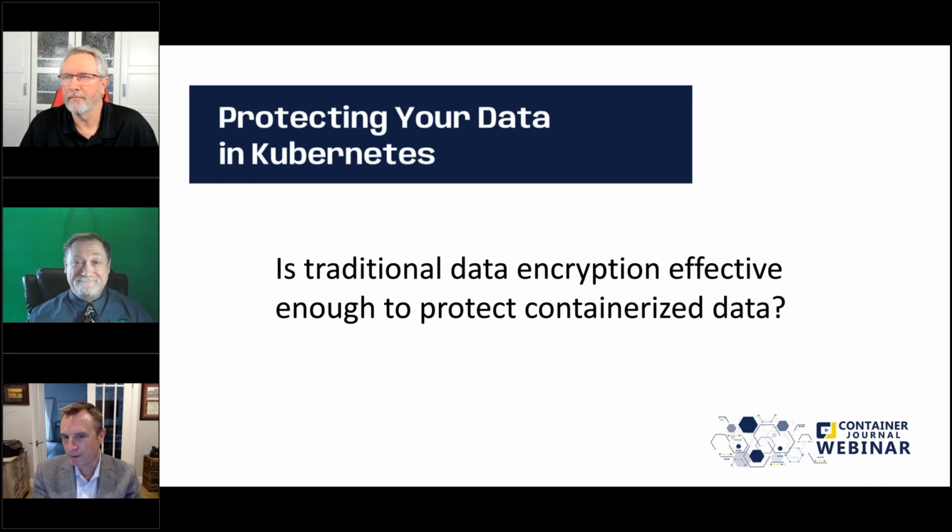I have to jump on that because that's important. Container Journal had an article today about how working from home and the number of users and containers matter, because it takes only one to be compromised. And that one container might be touching the same data that another 1,000 containers are also touching.